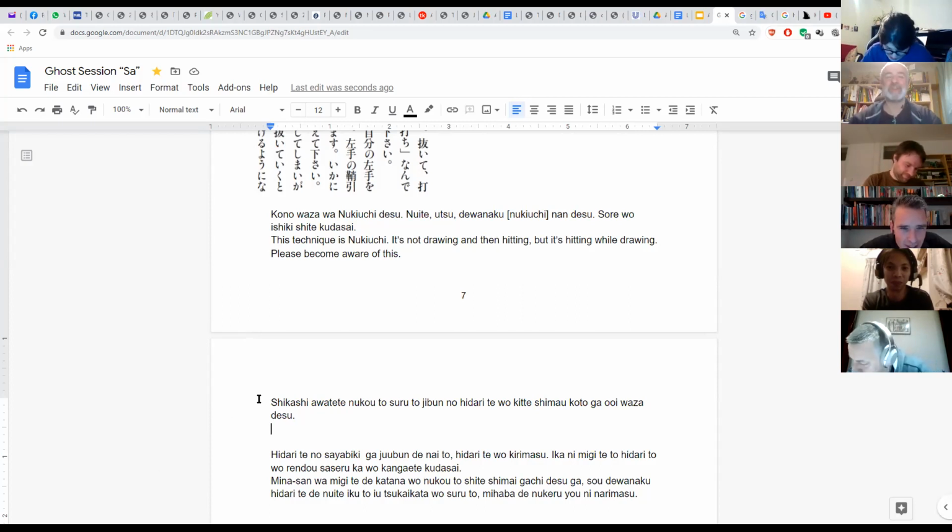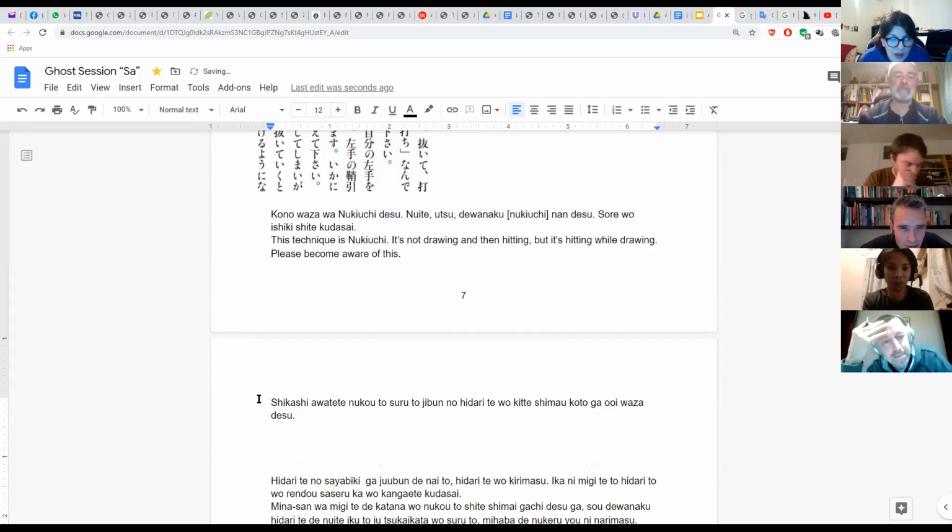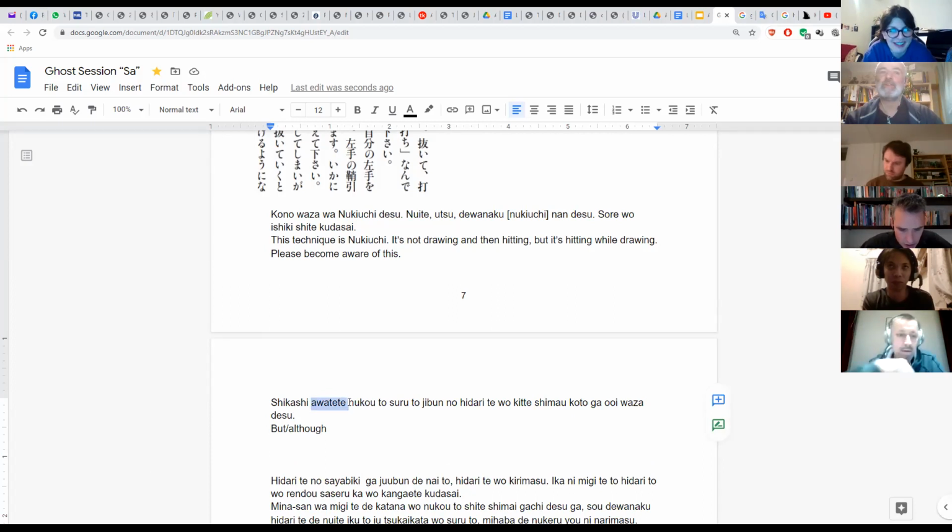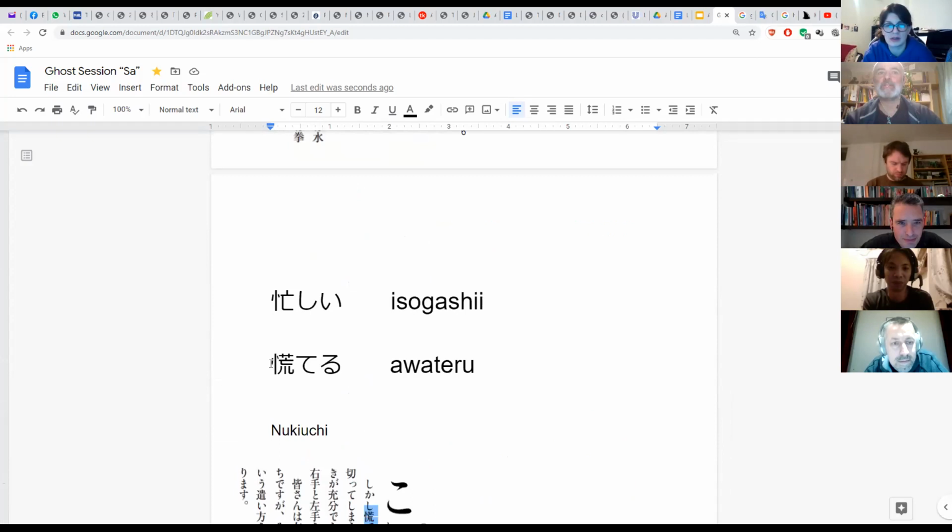Shikashi. So there's quite a lot of probably new vocabulary here, so I'll help you through it. Shikashi kind of means but or although. Kim, this awatete, have a look up for a second. To become confused. Yes, this is the one we just looked at.